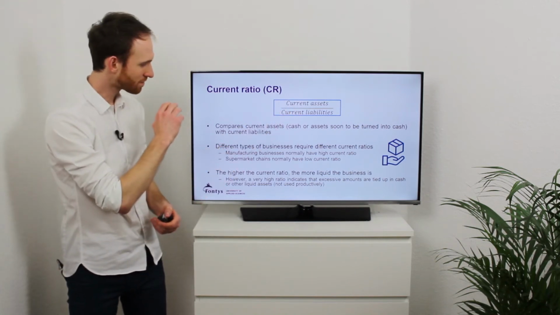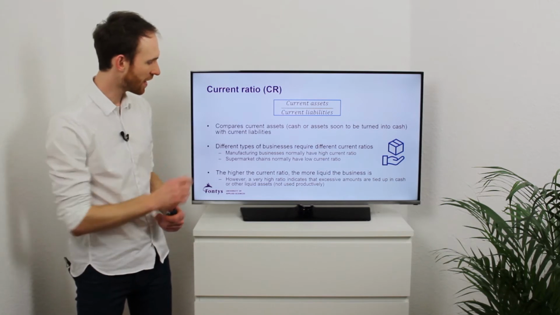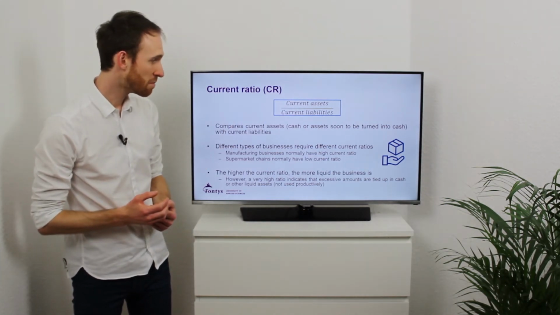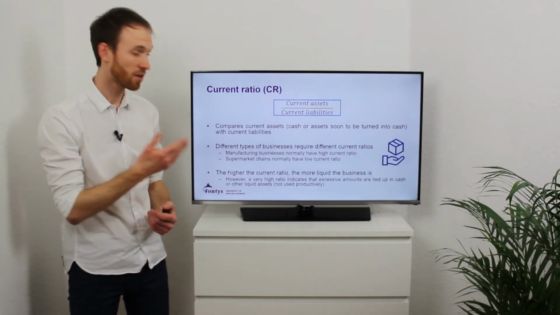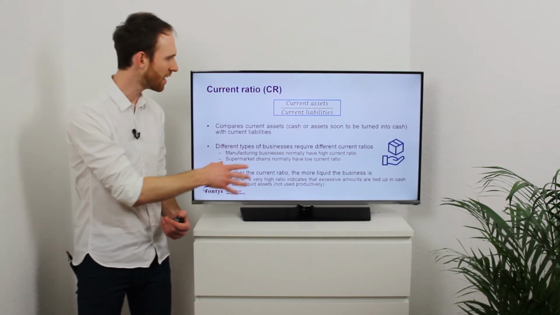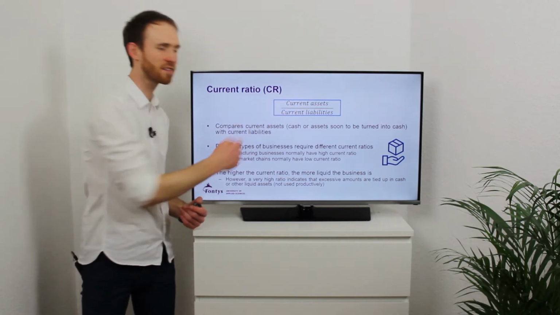There is, however, an exception. A very high ratio indicates that excessive amounts are tied up in cash or other liquid assets and not used productively. So if you have a very high current ratio, it could mean that you have a lot of assets tied up in the business.